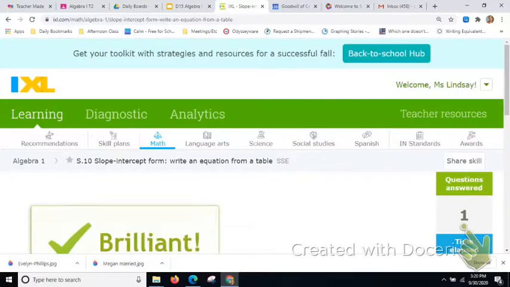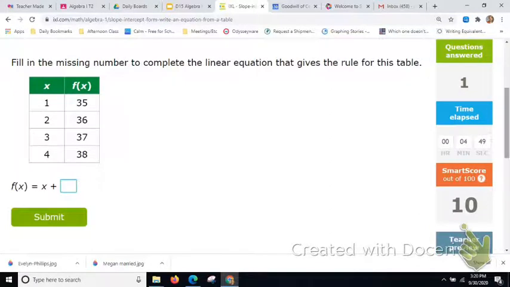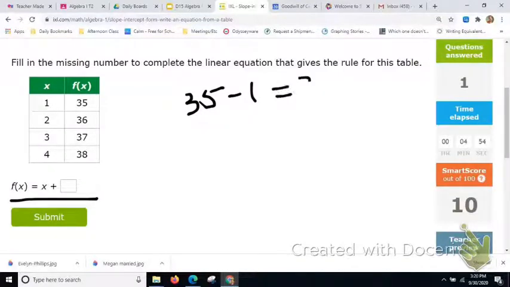So at the beginning, it's going to start off pretty straightforward. This time, if I look at what they already have written, I know that they're trying to add. I need to figure out how much I need to add to get from the first column to the second column. So since I'm trying to find out how much to add, I would subtract. So 35 minus 1 is 34.